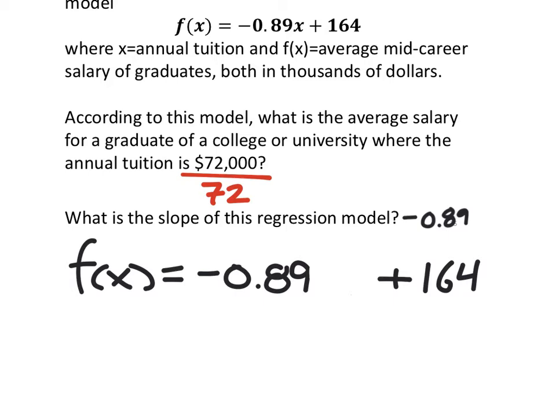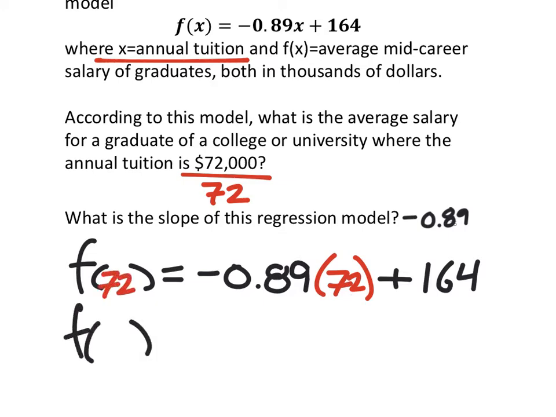And the annual tuition, by the way, is the x value, so we know to replace the x with that 72. Now, if it had given you an average mid-career salary, then we would have replaced f of x and had to solve for x, which would have told us the annual tuition of the college or university. Again, the nice thing is we can replace that x with 72.